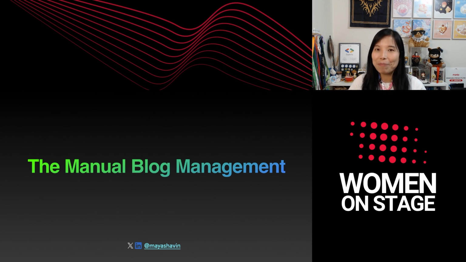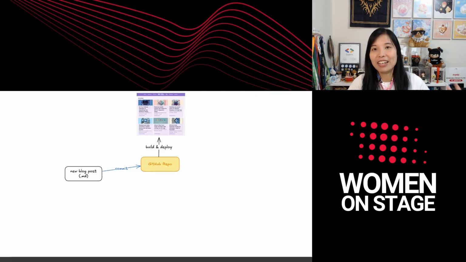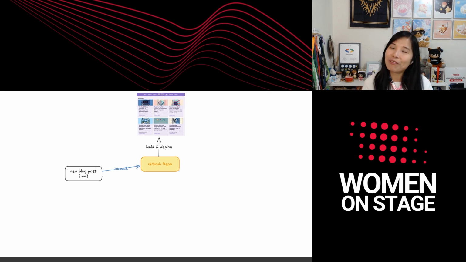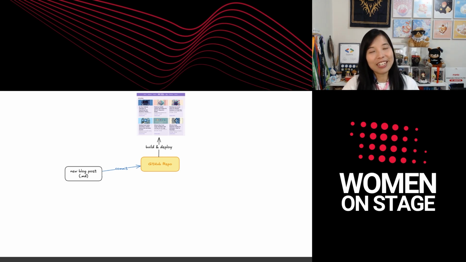For me personally, because I'm a developer, I like to manage my own content, keep track of it, and integrate it with my website. So I have the whole thing in a GitHub repo. My blog posts are written in Markdown, because that's the language for writing documentation that I'm most familiar with.